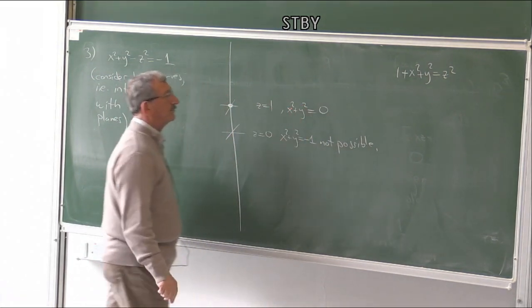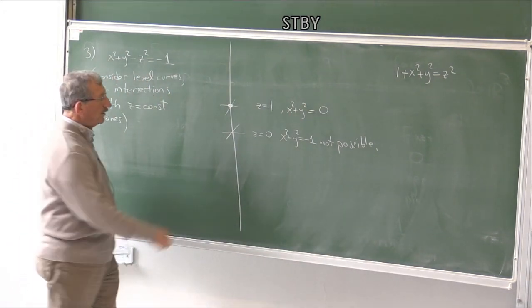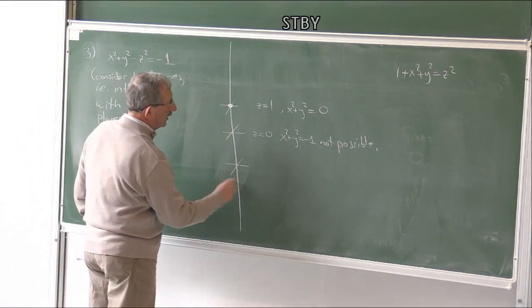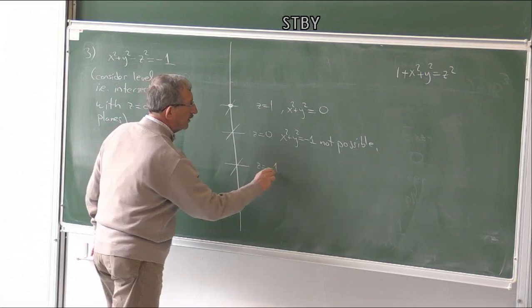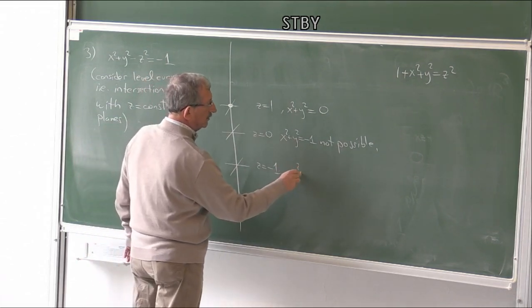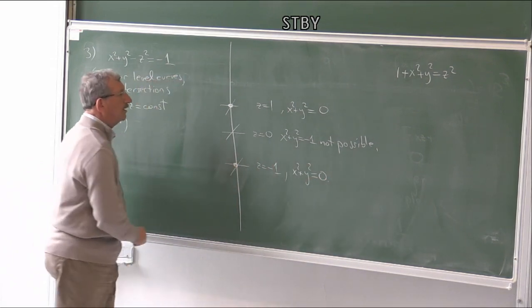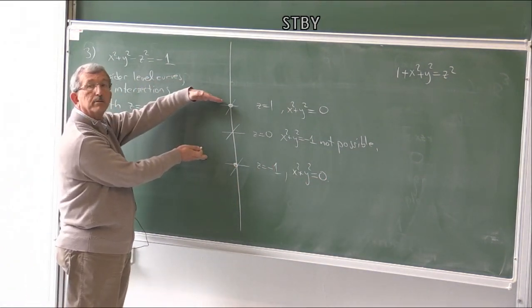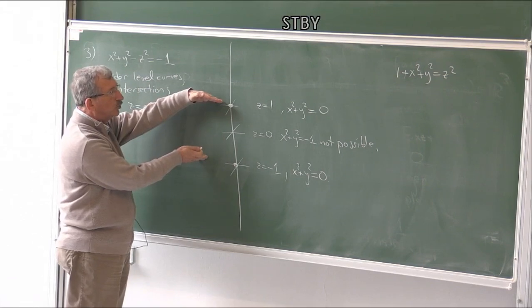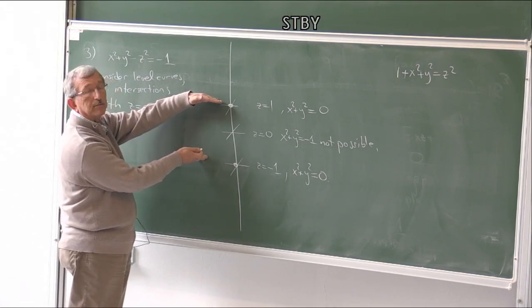On the other hand, similarly, when z is minus 1, the same thing happens. So we have a single point here. We have nothing in between because z is not in absolute value less than 1.